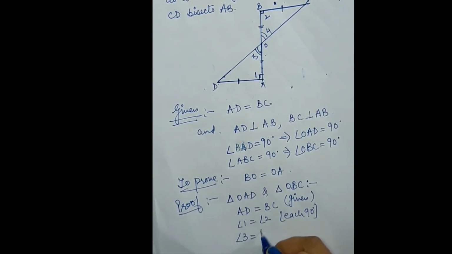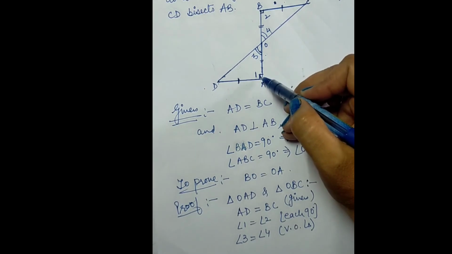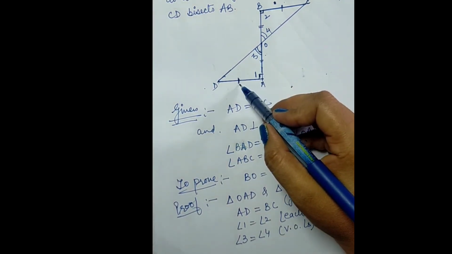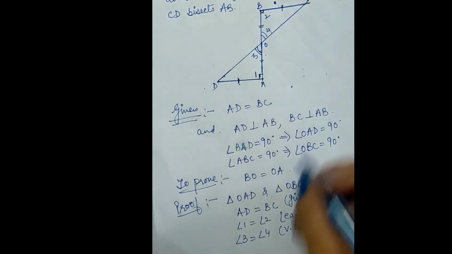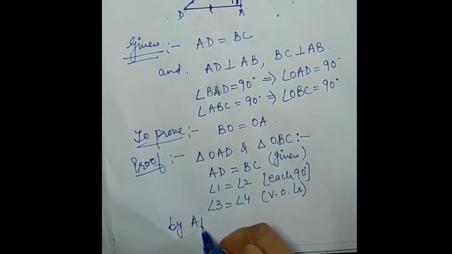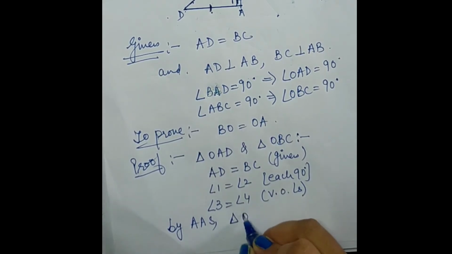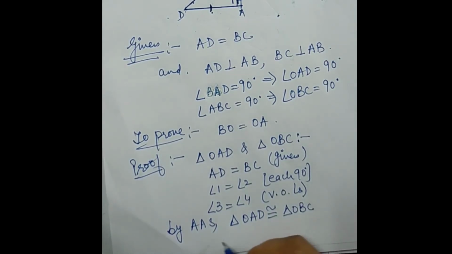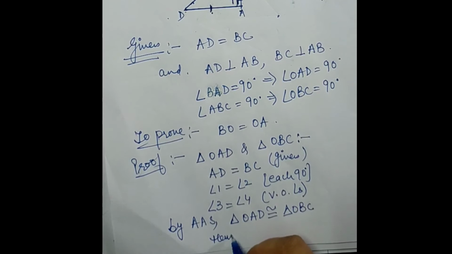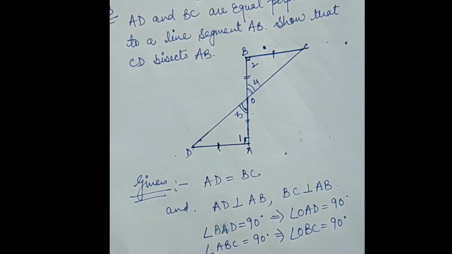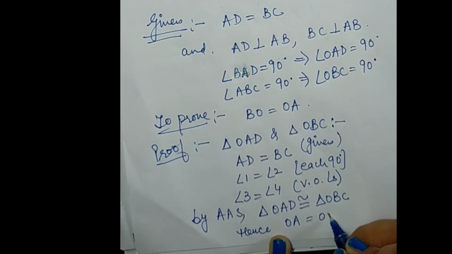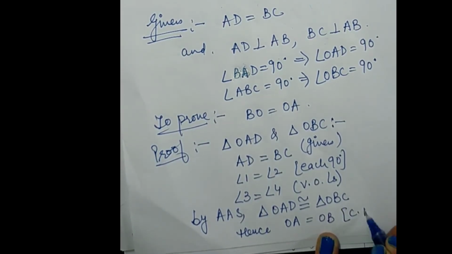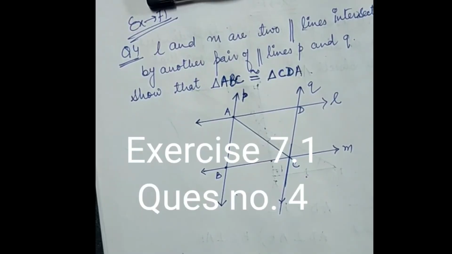Because they are vertically opposite angles. So by angle side angle, triangle OAD is congruent to triangle OBC. Hence OB and OA will be equal by CPCT, and hence this is proved.